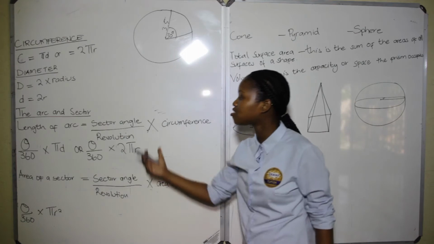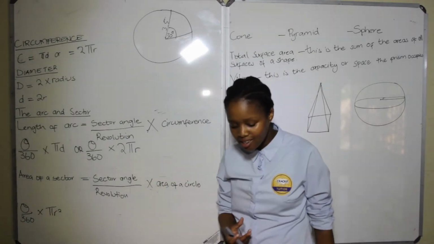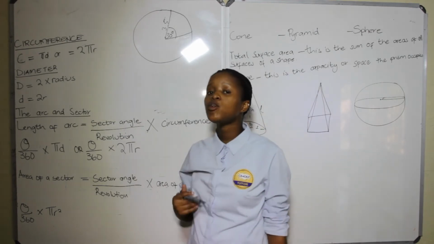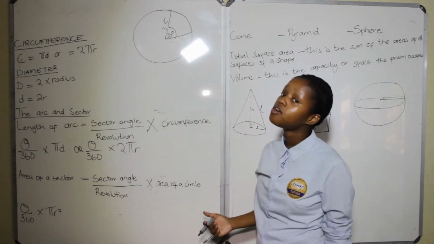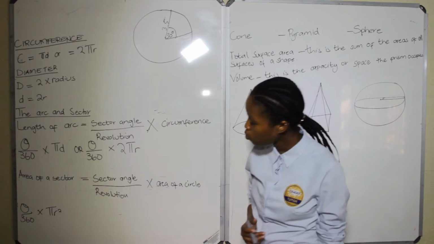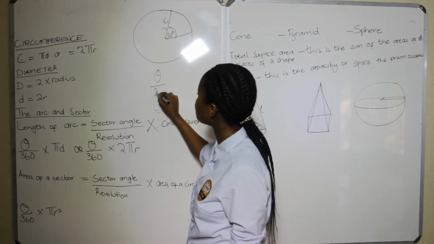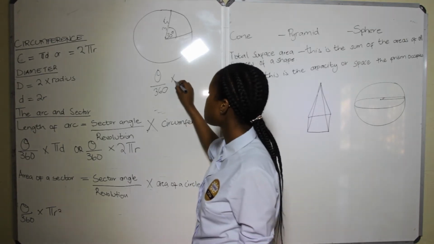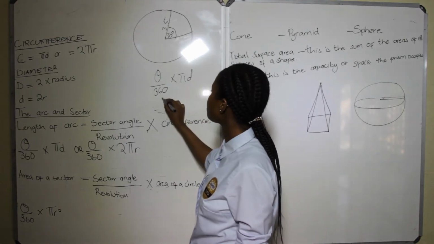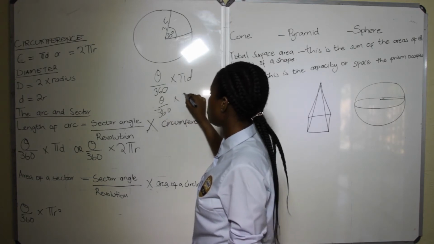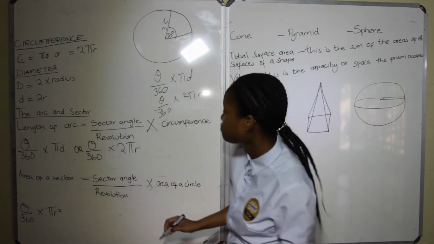The length of an arc is equal to the sector angle, we already know what a sector angle is, over the revolution multiplied by the circumference. So the formula is theta over 360, which is our revolution, times pi d, or we can say theta over the revolution times 2 pi r.